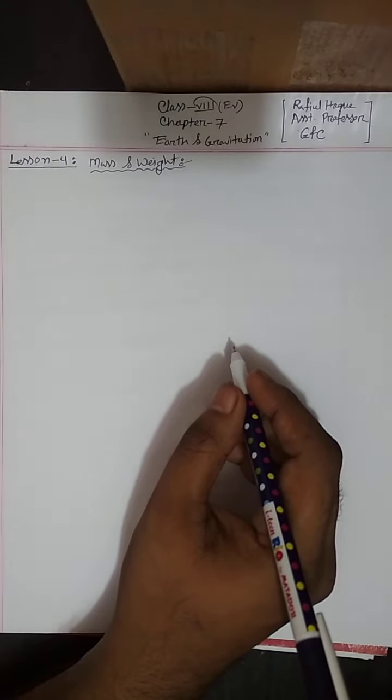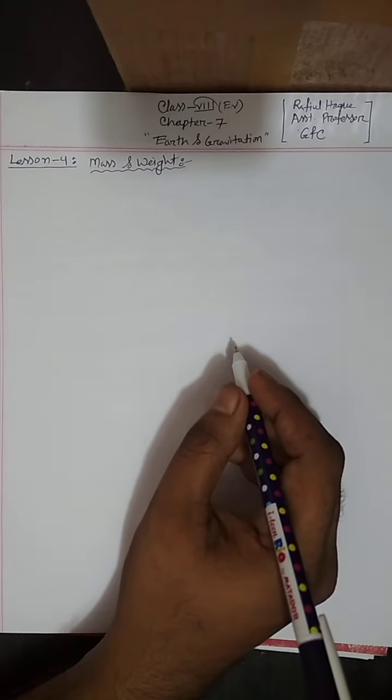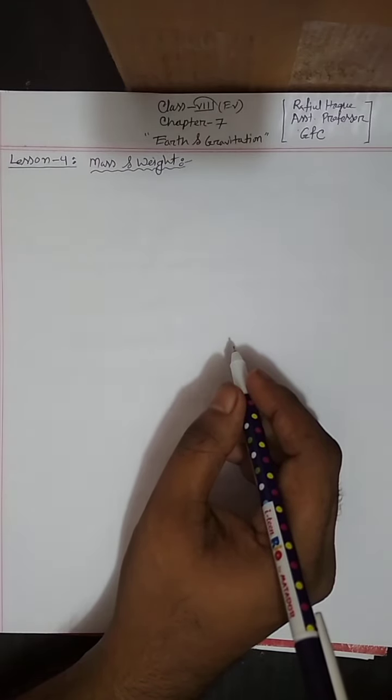In fact, when we say that the weight of a bag of rice is 50 kg, we actually refer to its mass. In this respect, the use of the word weight for an object is scientifically wrong. But what is the difference between mass and weight?